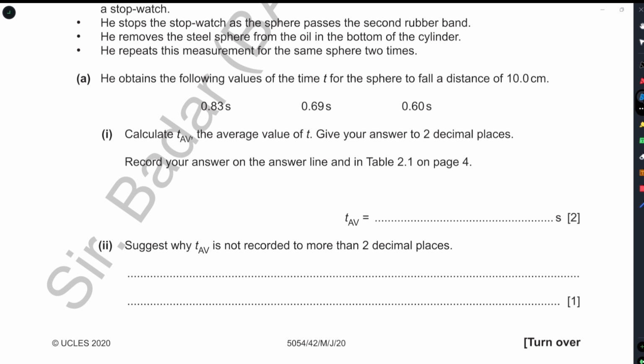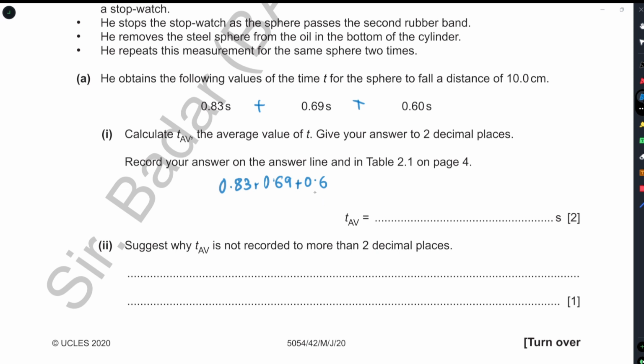Again, average निकालने के लिए आपको लिखा तो नहीं होना चाहिए ना. You should know कि the average is what you add all of them and then divide by 3. So 0.83 plus 0.69, that should be how much? 1.52 plus 0.6, 1.52 plus 0.6, 2.12.